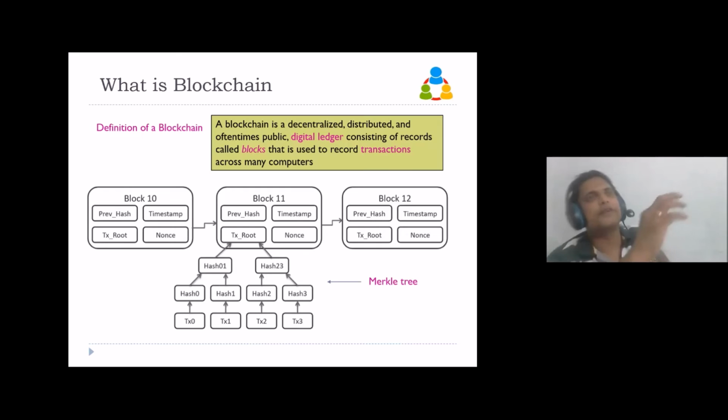So if somebody changes the data, the hash of the transaction changes, and because of that the hash of the block will change, and your whole blockchain will look different from other computers that have the original data.